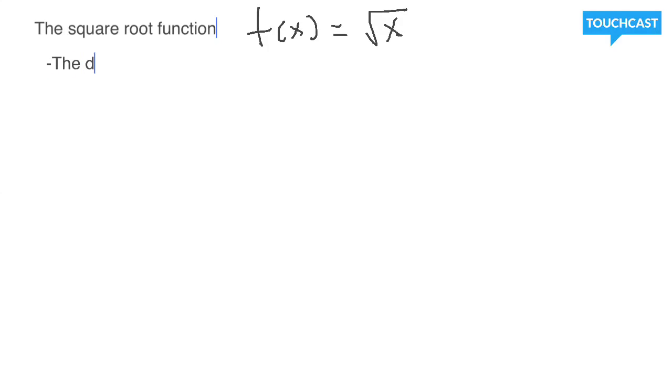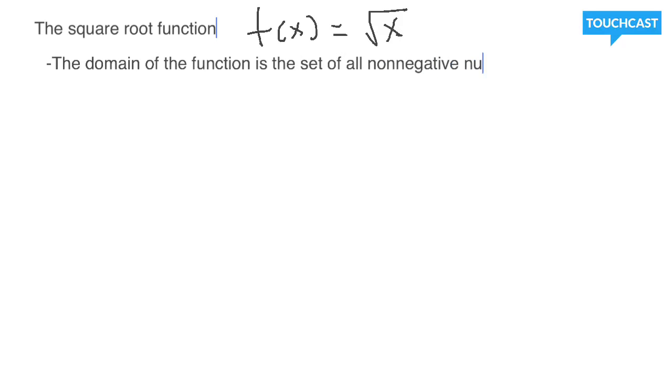In this case, the domain of the function is the set of all non-negative real numbers. And that's because we don't know the square root of negative numbers to be real. Those are imaginary.